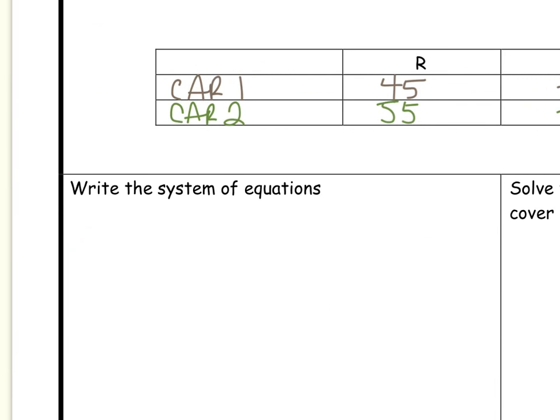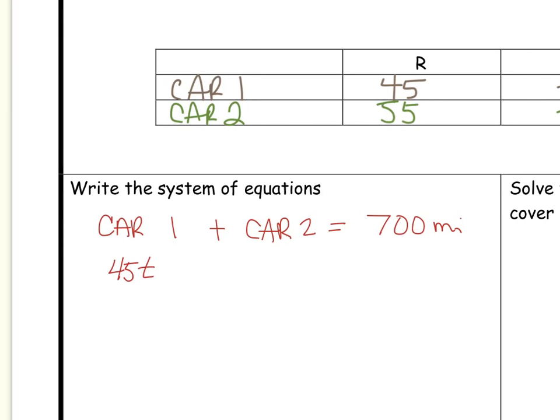So we're going to write the system of equations. We know that the total distance that the two cars traveled, car 1 plus car 2, has to equal the total distance of 700 miles. I don't know car 1's actual distance, but I do know that car 1 has a distance of 45t, car 2 has a distance of 55t, and that total distance traveled has to be 700 miles.